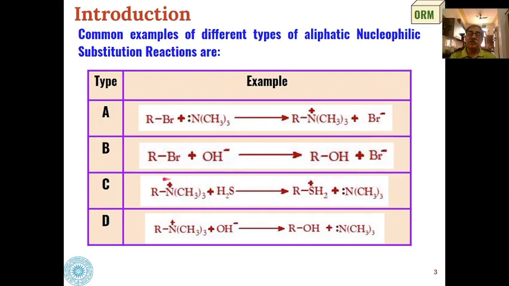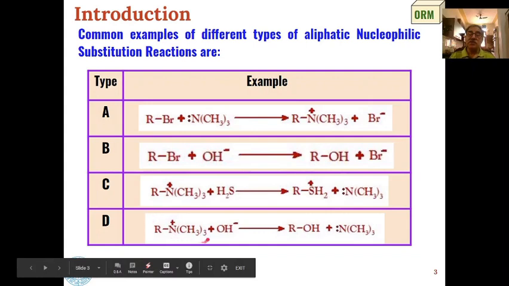Third category is where the substrate is a cation, and the nucleophile is neutral because of the presence of two lone pairs on the sulfur, and we will get these types of sulfur compounds, and trimethylamine will be eliminated as a leaving group.